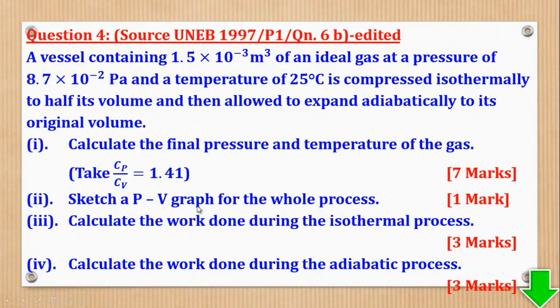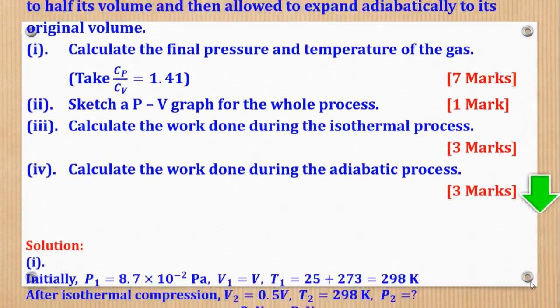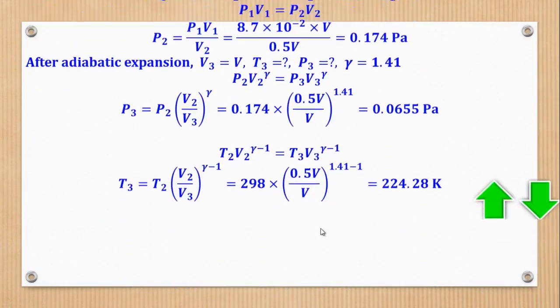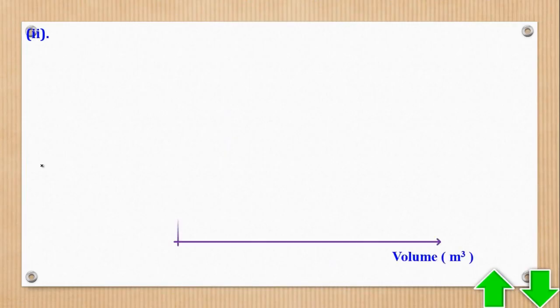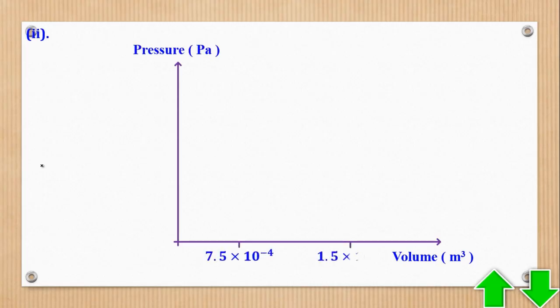they want you to sketch the PV curve graph for the whole process. So draw the axes and label them. Then put the values of interest, volumes, and also for pressure.